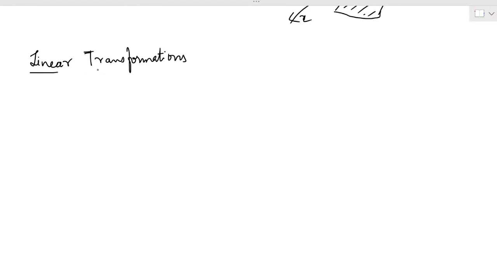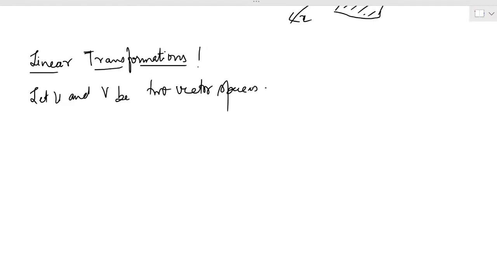Okay, let us first write the definition for linear transformation. So I'm writing that let U and V be two vector spaces. Okay, so R cube is a vector space, R square also forms a vector space. And we'll come to the question that Bharat is asking, but let us first write the definition.